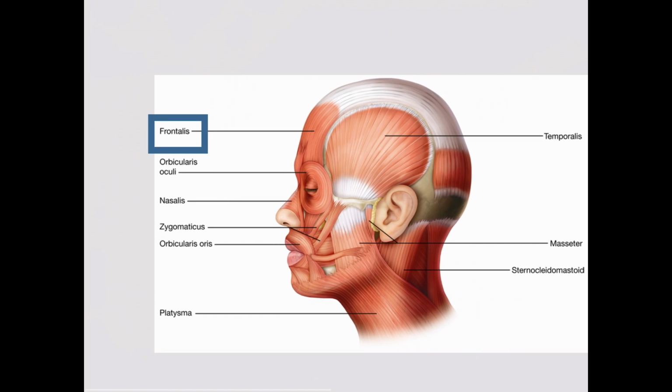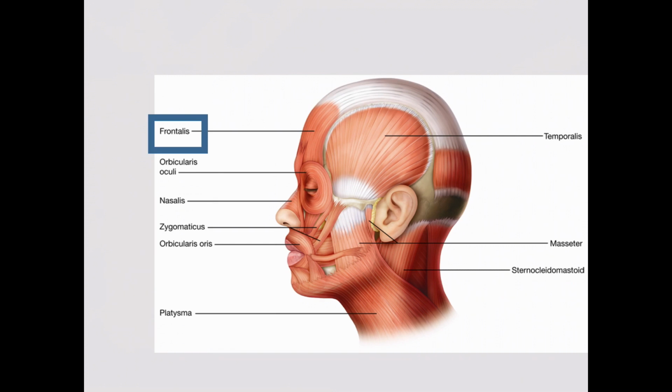So let's talk about the main types of facial muscles that I want you guys to know. Frontalis, all right? Where is it located? It's going to be on your forehead, as you can see here. It's going to connect your cranium to the skin right above your eyebrows.